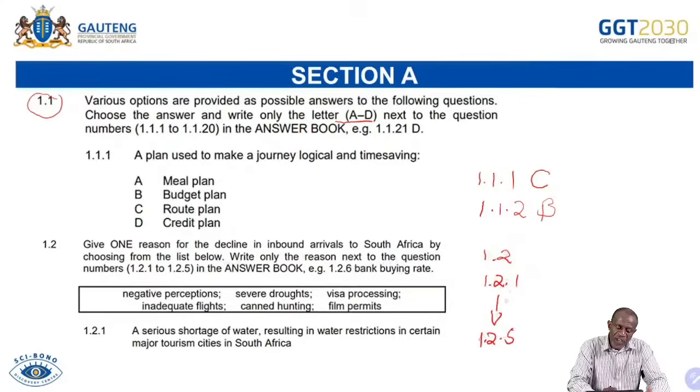And if you feel the answer for number 1 is severe drought, you will write it here as severe droughts. And you do the same with the rest of the questions. You don't need to rewrite the statement, but you need to choose the correct concept that best explains the statement that is given.